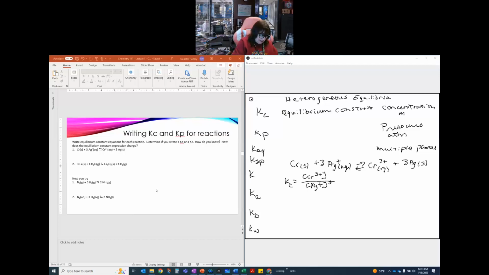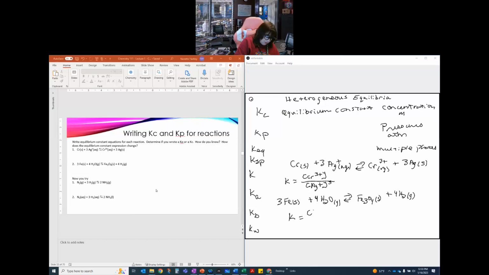Okay? Looking at the next one, we have 3Fe solid plus 4H2O, and H2O is in the gas phase. That's going to give me Fe3O4 solid plus 4H2, that's in the gas phase. We're going to write our K, just like always, as products over reactants.